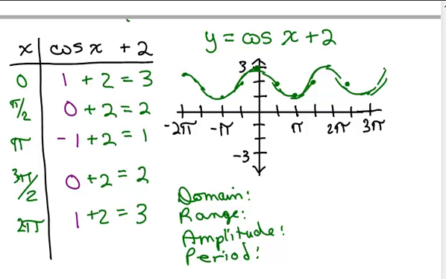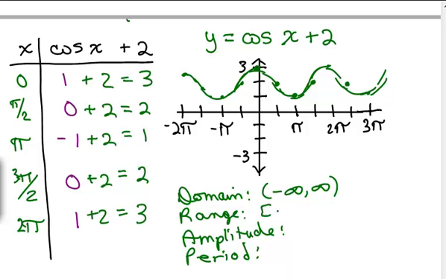So the domain, what values can you put in for x? Anything. It's always between negative infinity and infinity for the cosine. Now the range, what do the y values go between? Well, the lowest value is 1 and the highest value is 3. You can see that from the graph, or you can look over here in the chart.